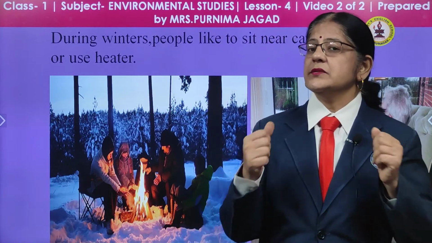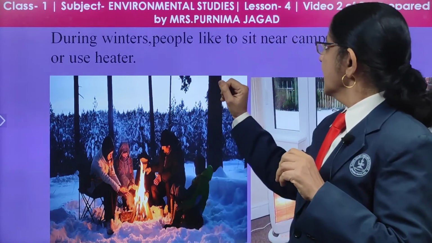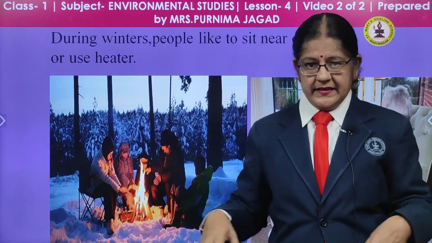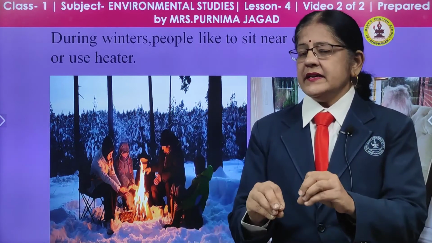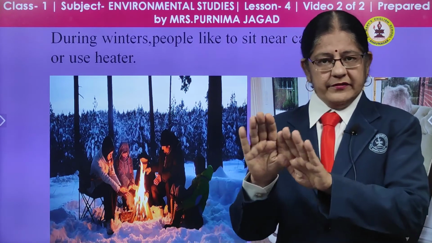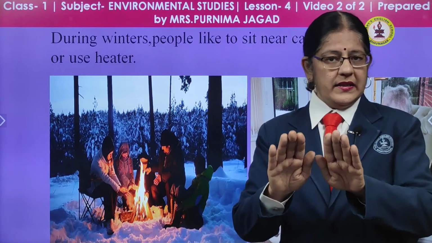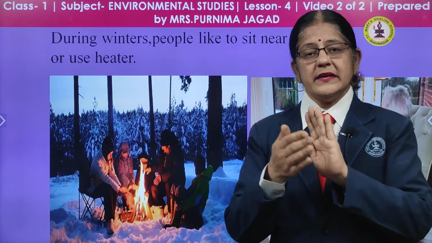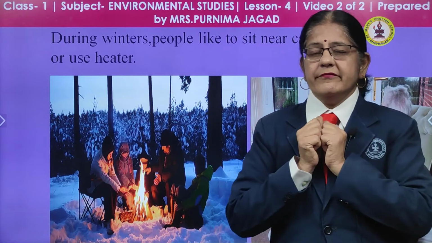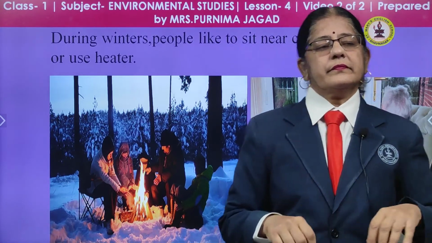In the same way, during winter season, as it is very cold, people like to sit near campfire. People gather in a circle, then they light fire in the middle, and then they put their hands a little bit far, not nearer. They put their hands towards the fire so that the heat comes towards their hands, towards their body, and they feel a little bit warm.